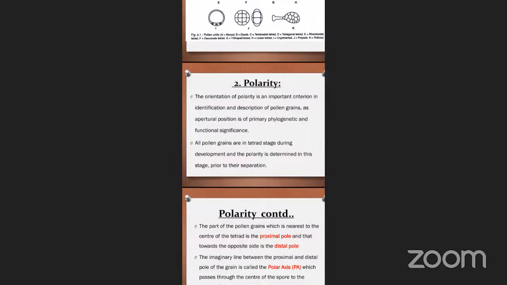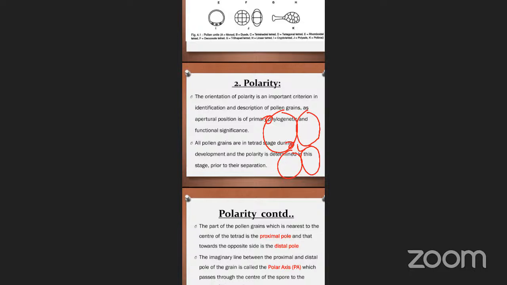Right. Mostly we can identify polarity when the grains are in tetrad condition, meaning four pollen grains. In the tetrad condition, this is the center, C for center. The pole toward the center is called the proximal pole, and the opposite is the distal pole.